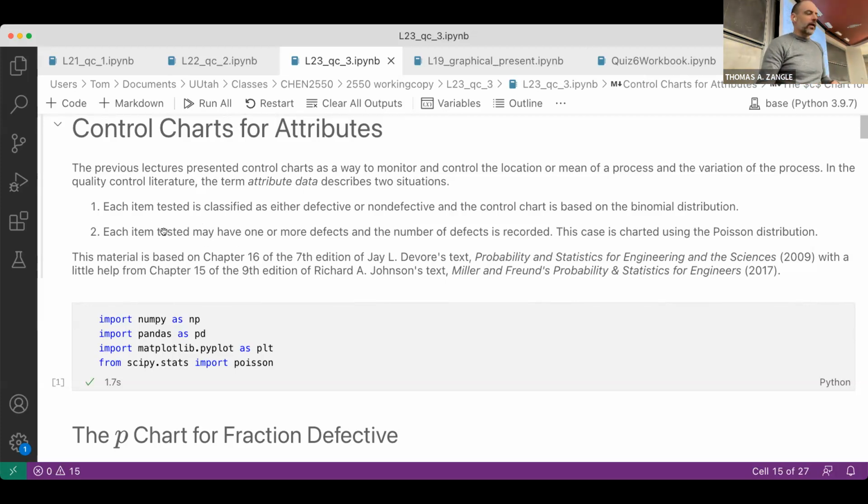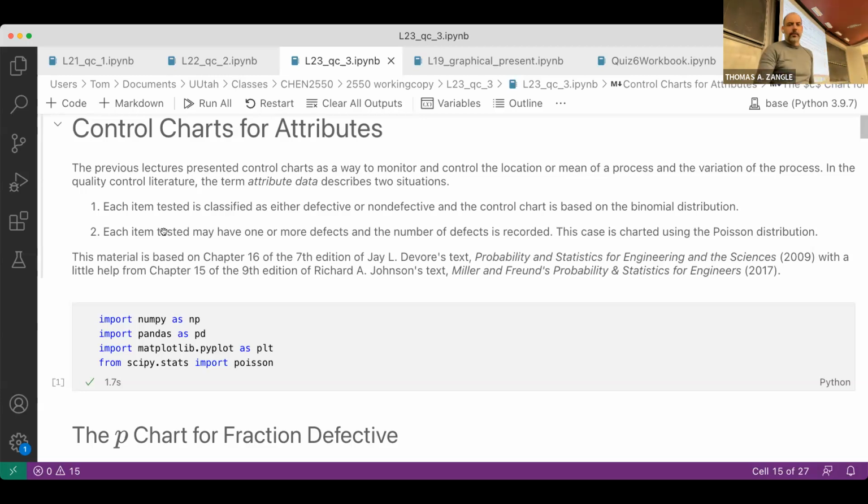The other way that we could define an attribute is based on, for example, a number of defects. This could be a number of defects within a sample, or within an item, and then we're recording the number of defects as a function of our observation periods. In this case, the relevant underlying distribution would be the Poisson distribution.